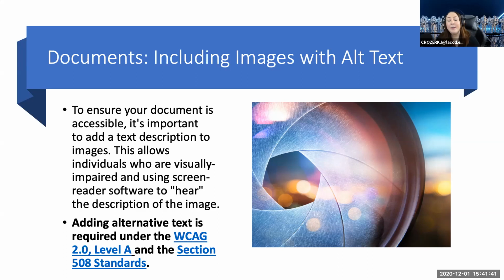However, if you have a photo or a chart or a graph with pedagogical value, then you have to provide alternative text so that the screen reader can read that aloud to a student who is visually impaired. Adding alternative text is required under WCAG 2.0 Level A, as well as Section 508 standards, which I have also linked in this presentation.